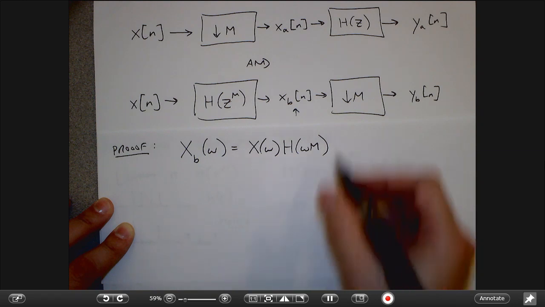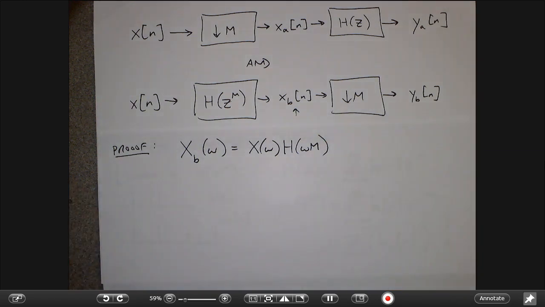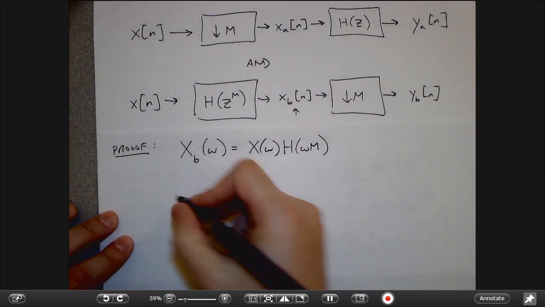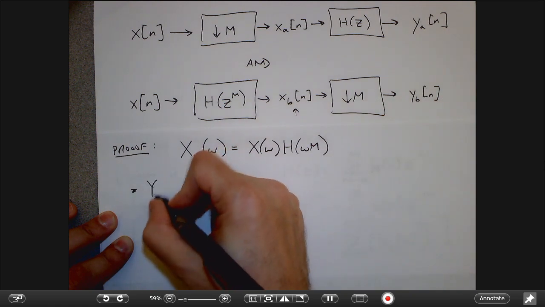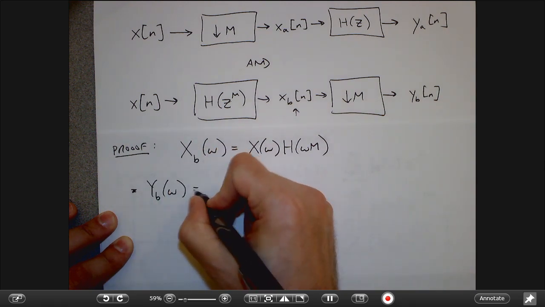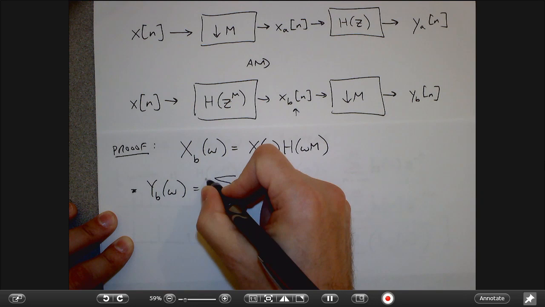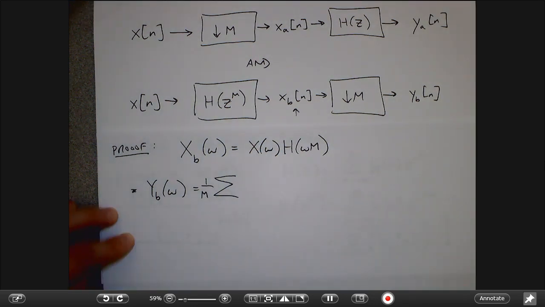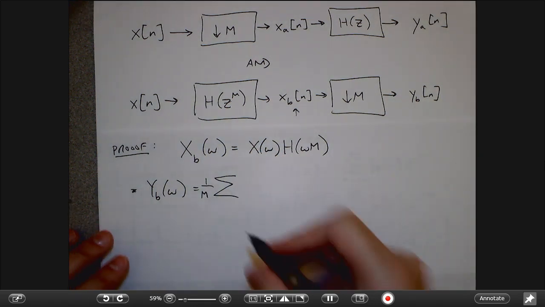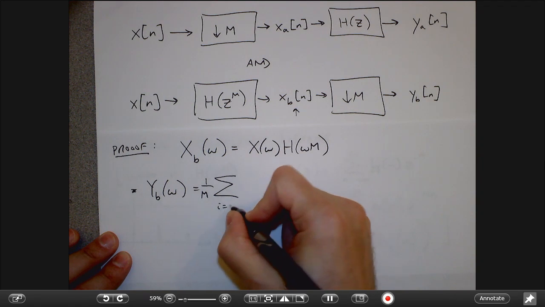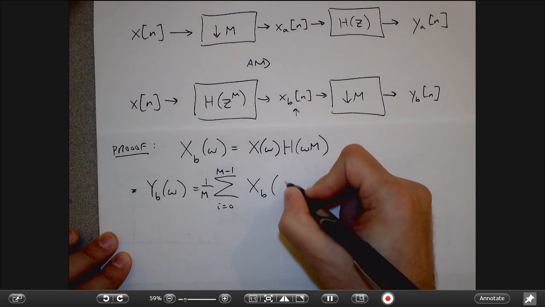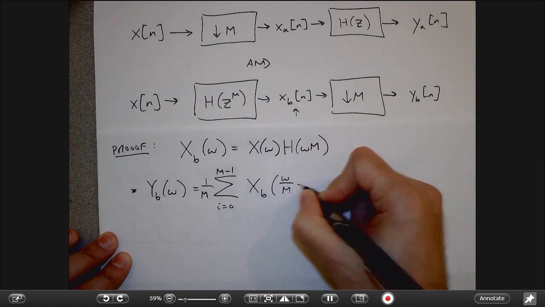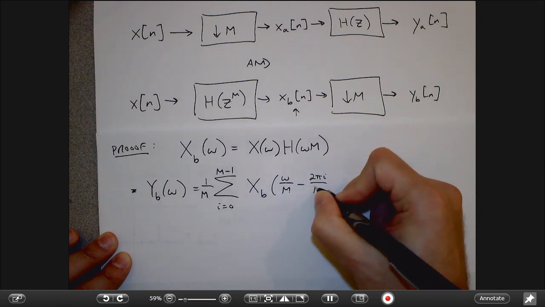Now when I downsample by M, what I get are these periodic copies, right? I know that my result after downsampling is going to look like a whole bunch of periodic copies that are spread out and M times shrunk. So I'm going to get these M copies of whatever this thing was, spread out and shrunk. Right?